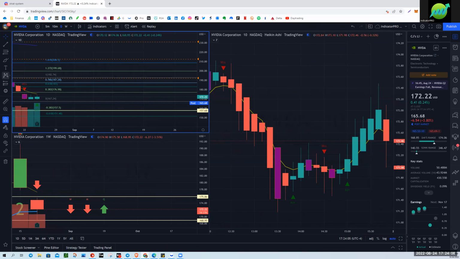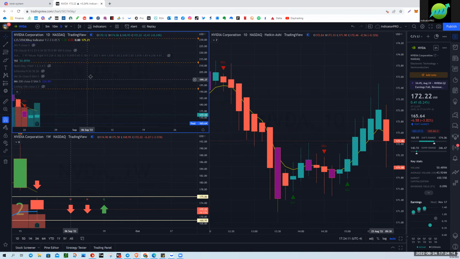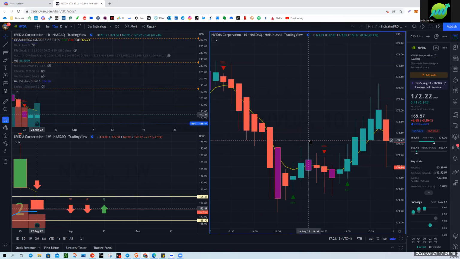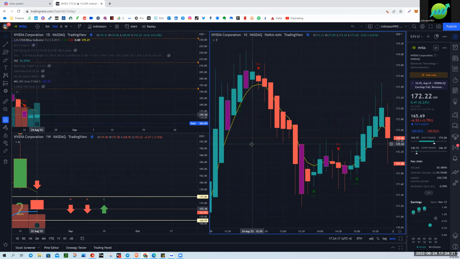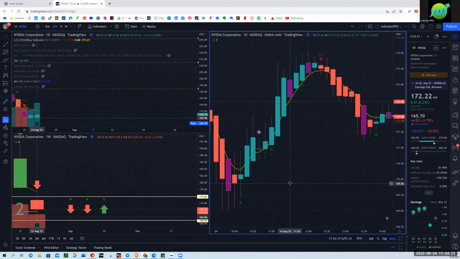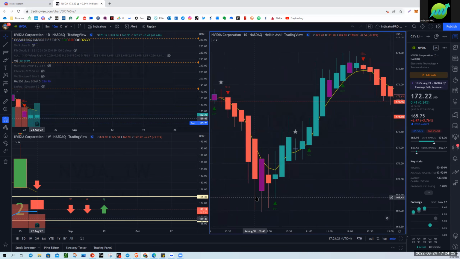Alrighty. Now, this is what you have. Let's get rid of the Fibonacci numbers. Now we're looking at, as a matter of fact, let's look at the 24.